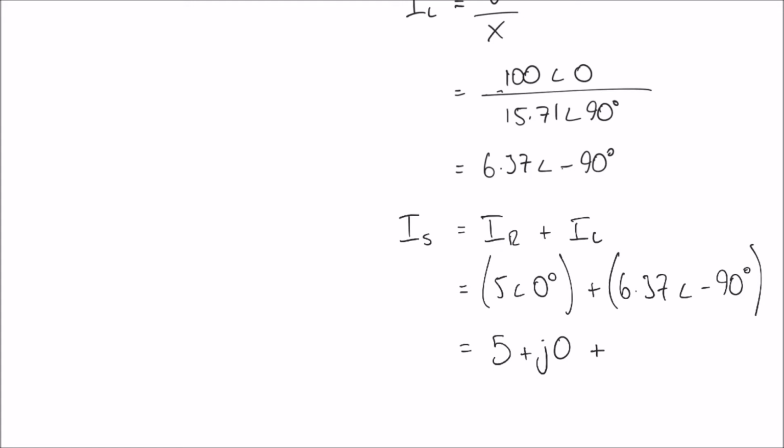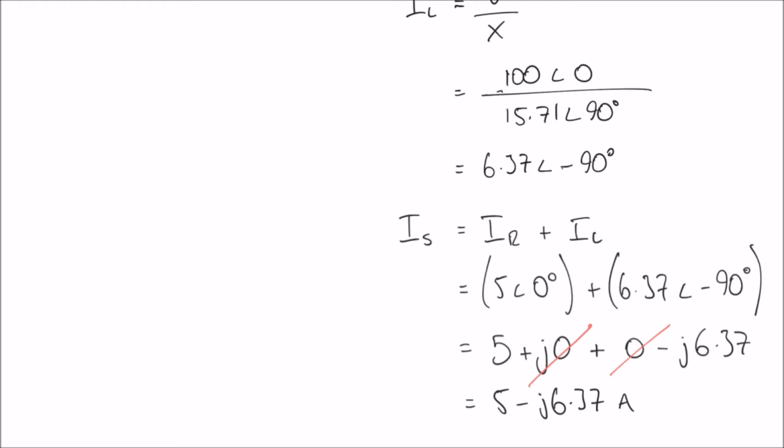Plus 6.37 at an angle of minus 90, we can say that that's 0 for the real component minus J 6.37. We have 6.37 going downwards in the rectangular component. And so when we add those together, obviously our J0 term disappears and our 0 term disappears. We're left very simply with our supply current in rectangular form, and that's going to come out as 5 minus J 6.37 amps.